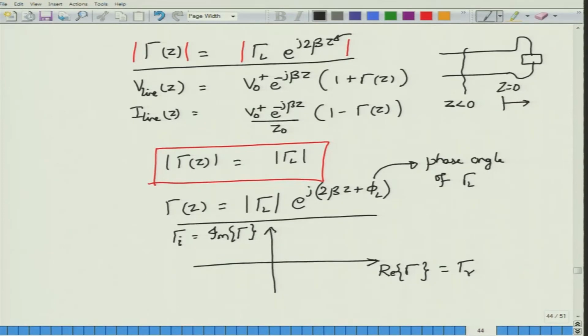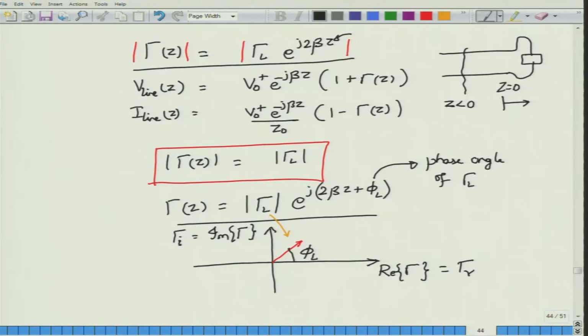Okay. Now, first at z equal to 0, whatever we obtain, gamma of 0, would be just the reflection coefficient of the load itself, which will have some amount of magnitude. Let us say this is the magnitude that I have, and I can draw an arrow whose length will be equal to the magnitude of gamma L. Also note the angle that is made here with respect to the real axis.